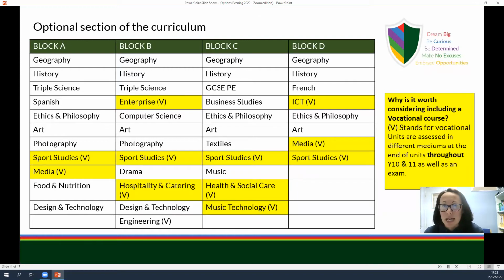Anything that was giving students inflated grades, or grades that were too easy, or the course was too easy, they were scrapped, and we can no longer teach them. And so now the equivalent of health and social care, for example, a distinction star in health and social care is worth the same as a grade 8 or 9 in a GCSE course.